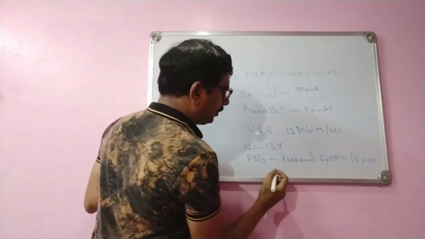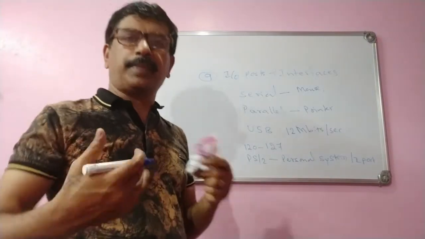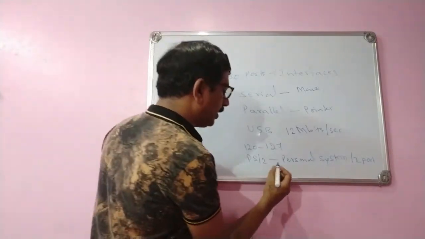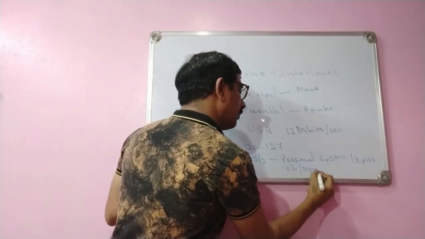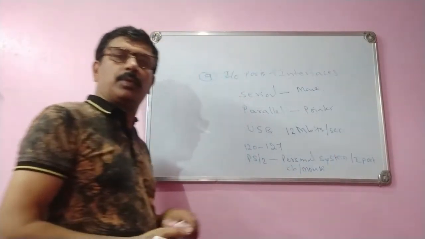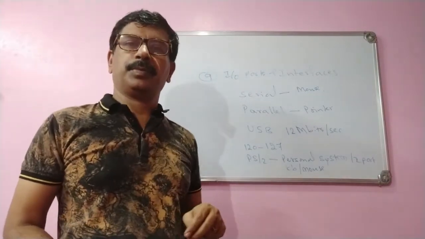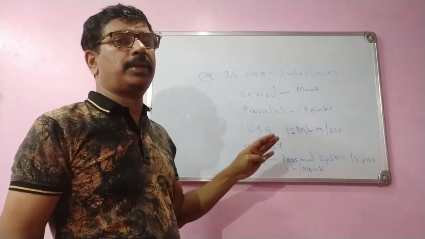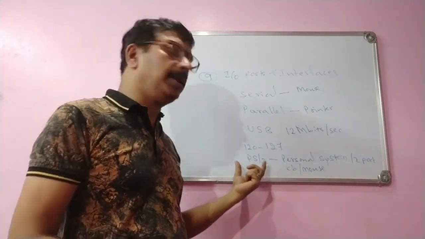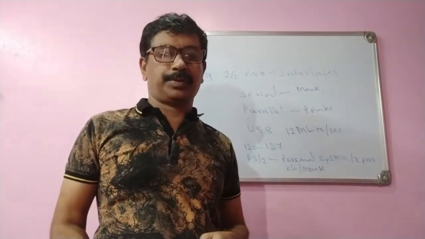This PS/2 is commonly on the back side of the desktop, to connect keyboard and mouse. In some desktops there will be only USB, but in some earlier desktops, there will be PS/2 to connect keyboard and mouse.